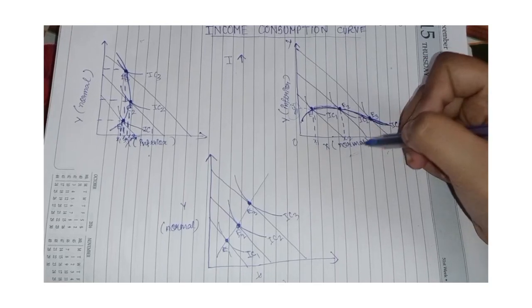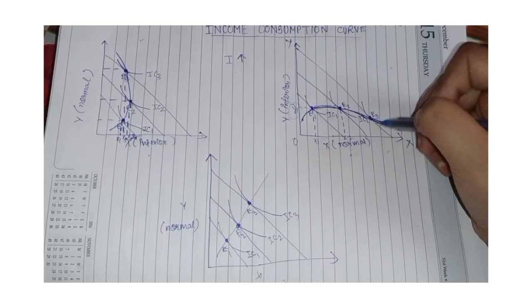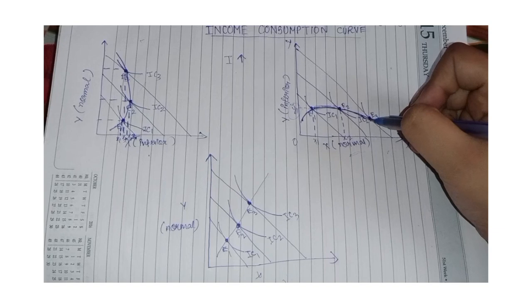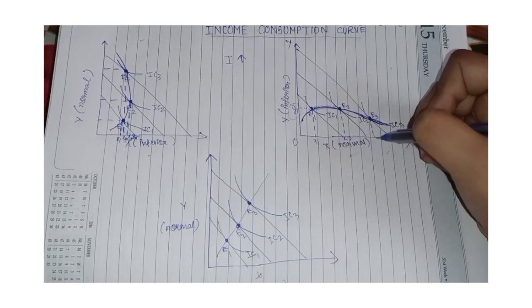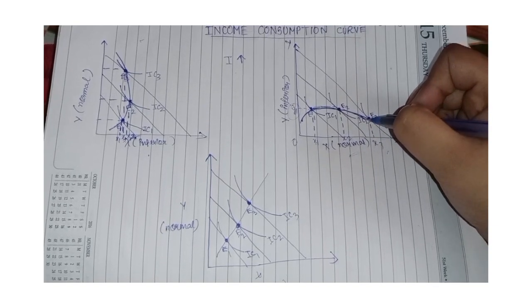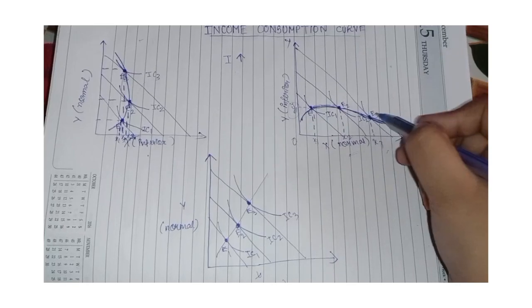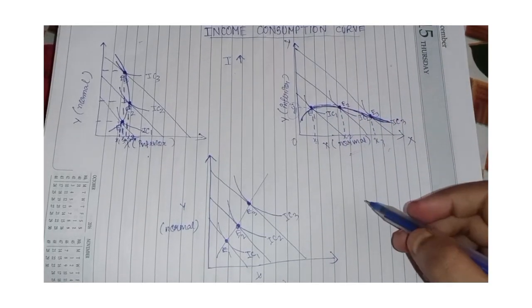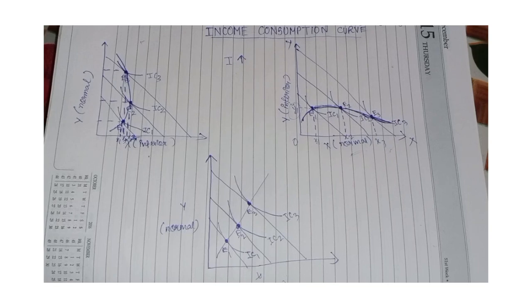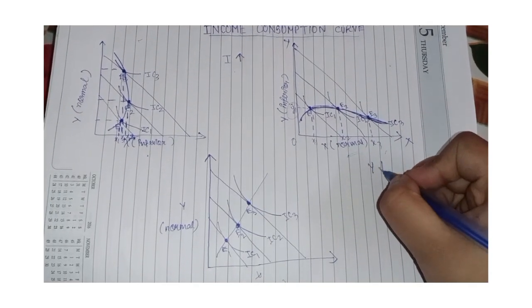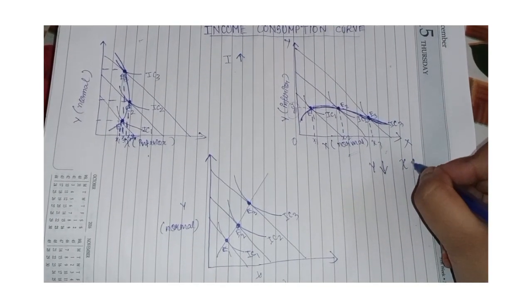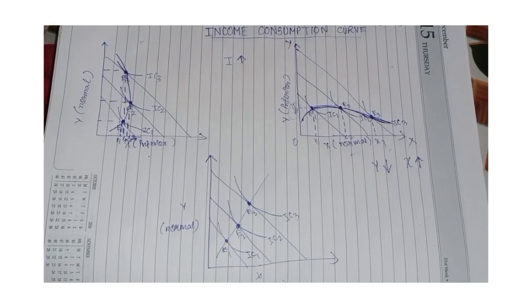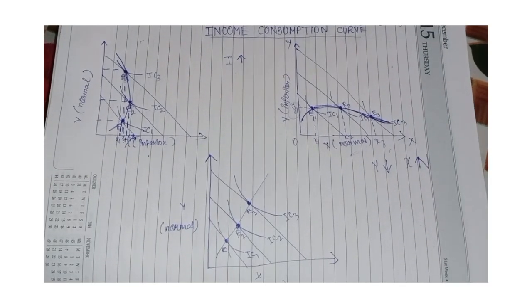Okay, then further the consumer consumes this much of X and now he has consumed even less amount of Y. See, less amount of Y, right? So why is he consuming less amount of Y? Because Y is inferior and X is normal good. Okay, X is normal good.